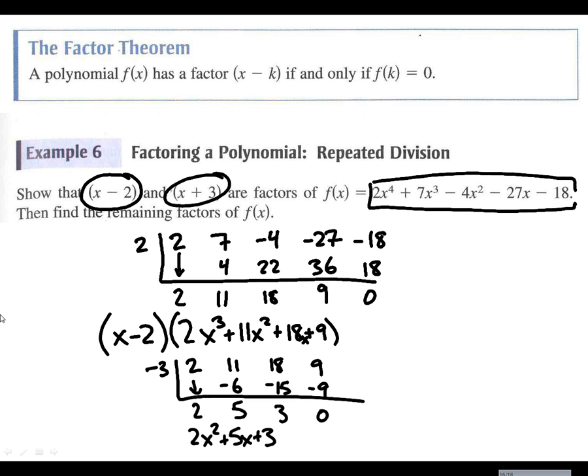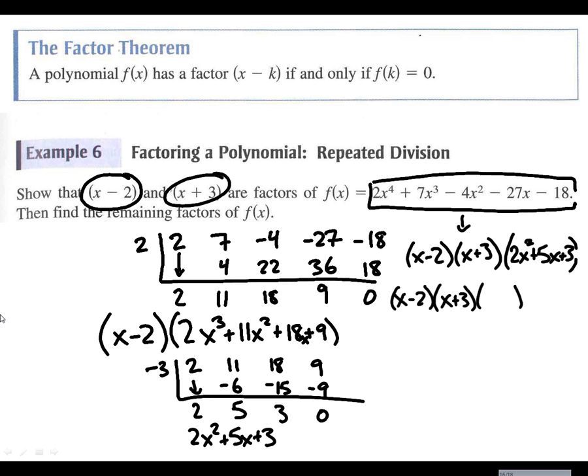And so far, we've taken this big polynomial and split it up into x minus 2, x plus 3, 2x squared plus 5x plus 3. Okay? Now we want to find the remaining factors of x. Luckily, we know how to factor a trinomial.